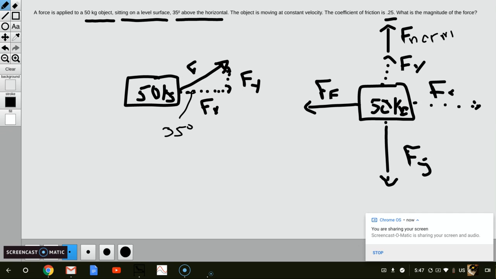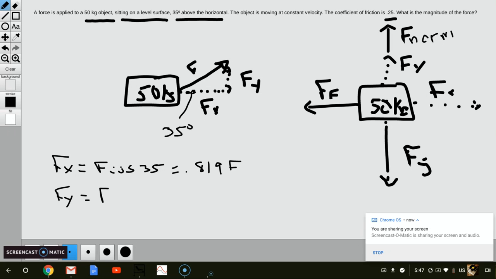So your first step is to find Fx and Fy, regardless of whether you can get an answer or not. So I'm going to do that real quick. Fx is going to end up being F cosine 35, which, if we punch that into the calculator, is 0.819 F. Now I'm going to find Fy.